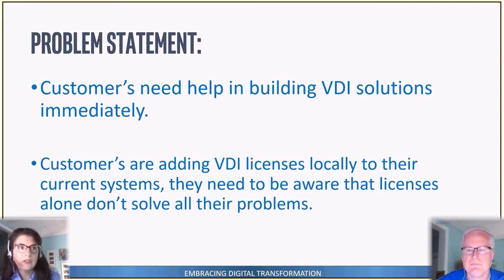And most customers, when they built their VDI in the beginning, or that's been running for a while, already built with the most amount of users per hypervisor or per node, however you want to call it. So now that they have more people at home trying to work, or remote workers, licenses alone won't solve all that problem.